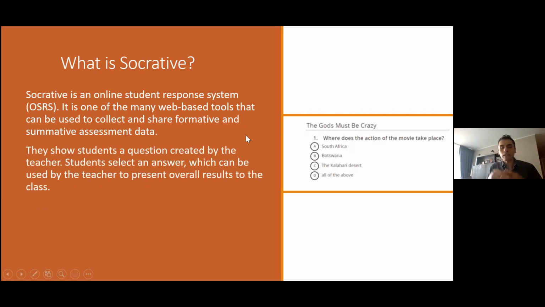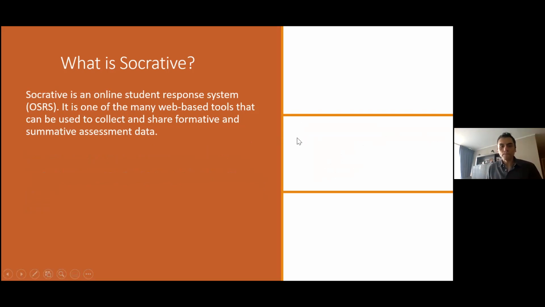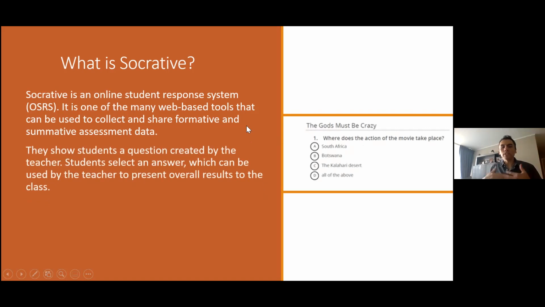They show students a question created by the teacher based on the lesson, of course. This is an example, a multiple choice. You can also use true or false items, short answers. Students have to select an answer, and these answers can be used by the teacher to present overall results to the class.